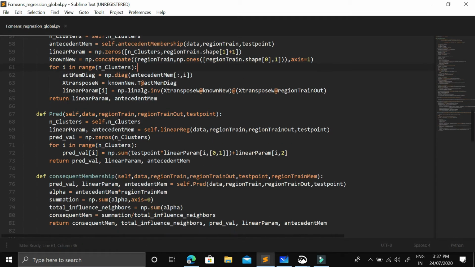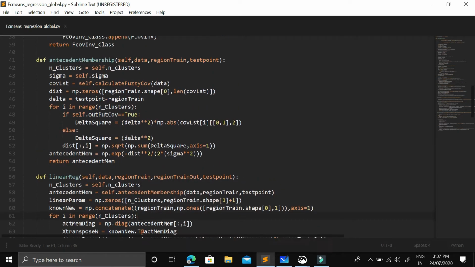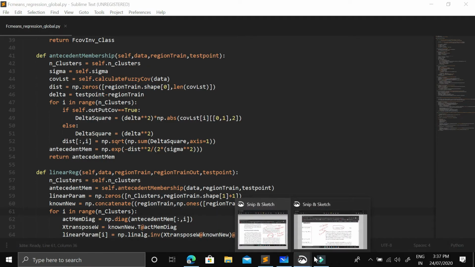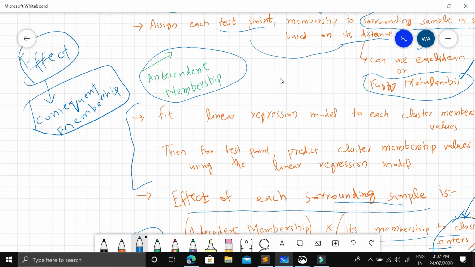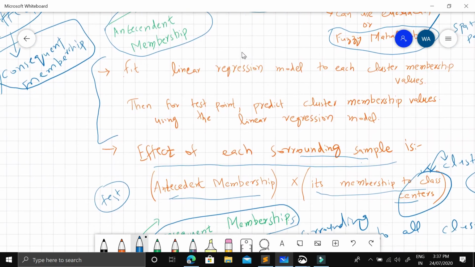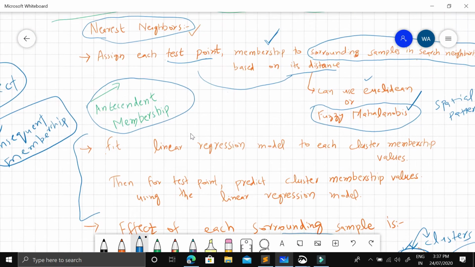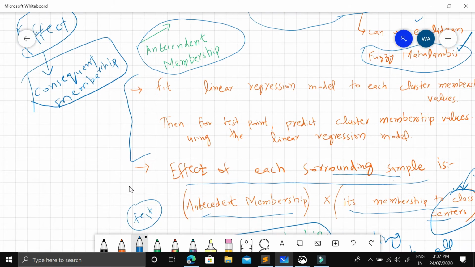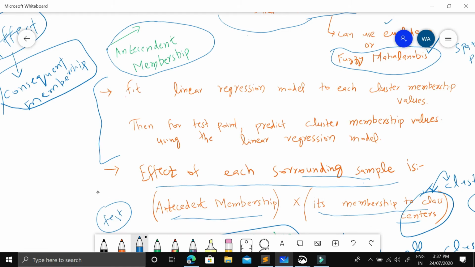Let me show you the consequent membership function, but before that let me go in sequence. It will be much easier for you. So we have till now looked at the antecedent membership, and I have already told you the use of antecedent membership in calculation of the consequent membership values. Now another thing that we do is fit the linear regression model to each of the cluster membership values.